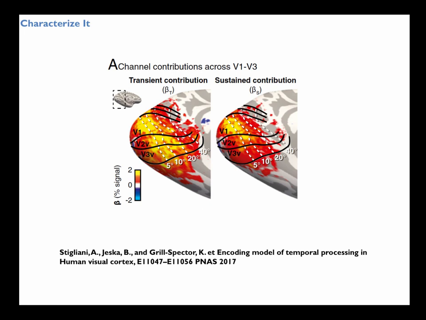And this is some work by Kalanit Grill-Spector's group showing that these nonlinearities, we stopped there and said, oh, it's around the periphery. And then we said, go figure, and we went on to other things. But now, recently, there's a PNAS paper showing that there are extremely different maps for transient versus sustained contributions. And she models this to explain maybe that these transient contributions are doing computations that are completely different than the other parts of the visual cortex.